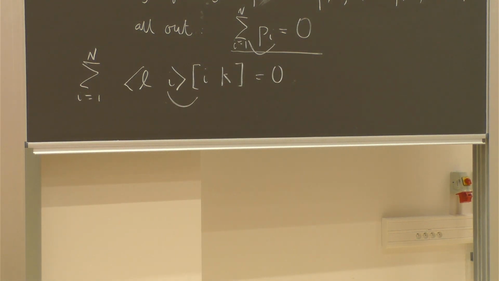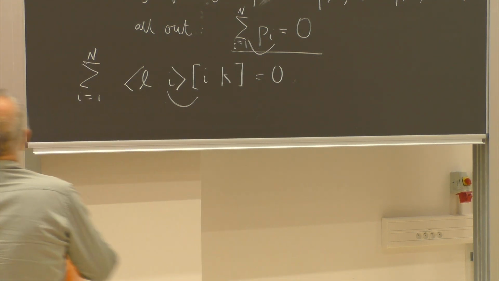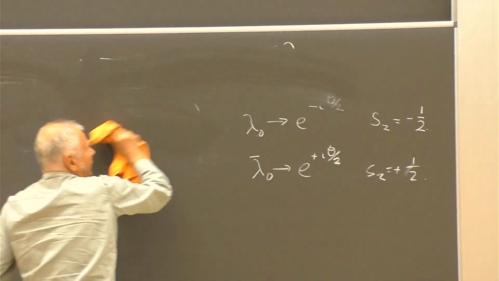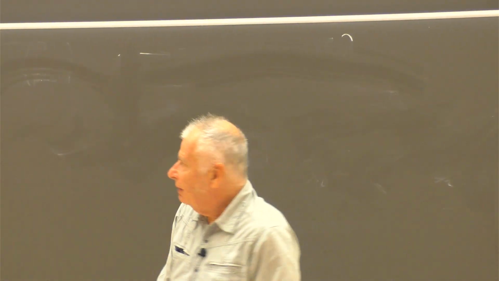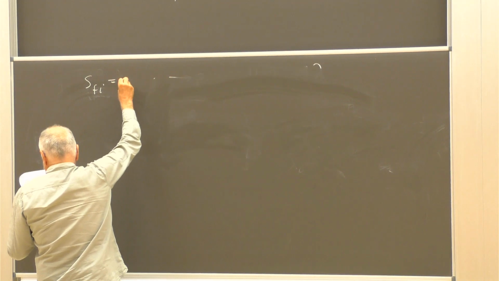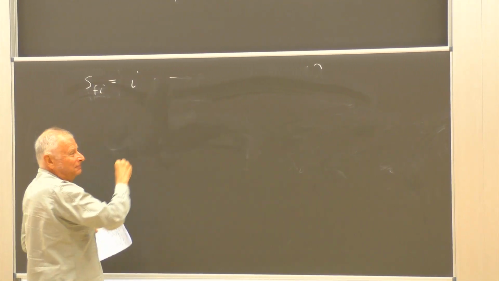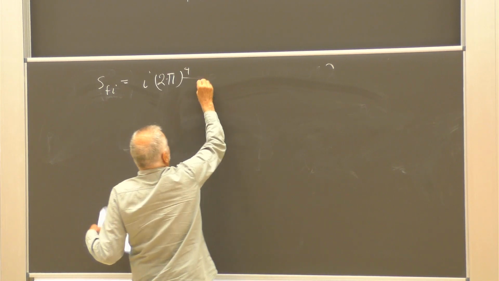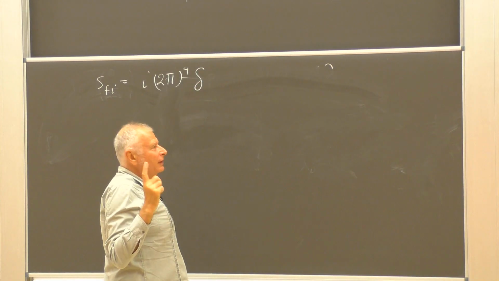Yeah, I think that I'm done with that. I can write a general expression for this S matrix element between some in and out states. A general form of that, if you learn in a quantum field theory course, has i in front, has 2π to the 4, and then a momentum conserving delta function.